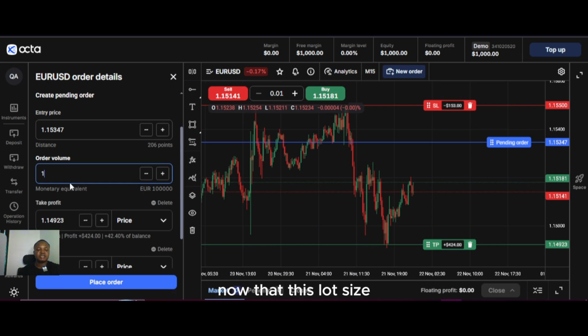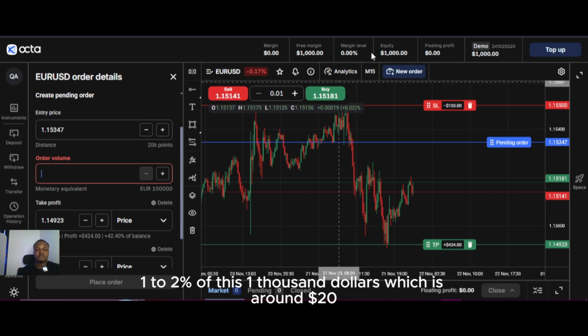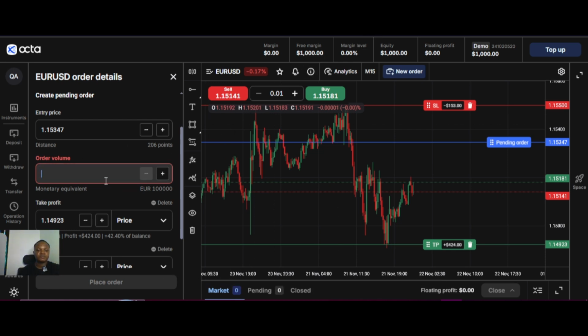So as you can see, the lot size determines how much I'm going to make and how much I'm going to lose. For this $1,000 account, I'm just going to risk 1 to 2% of this $1,000, which is around $10 to $20.